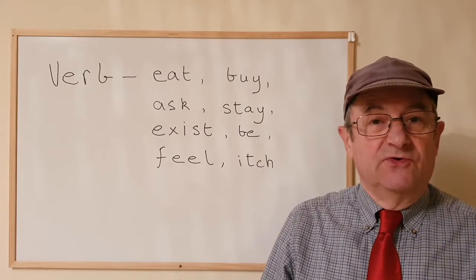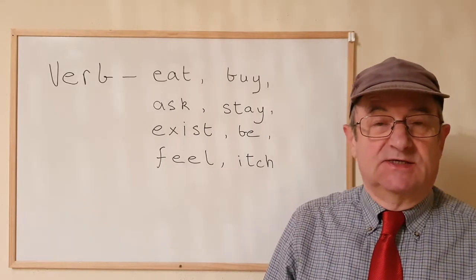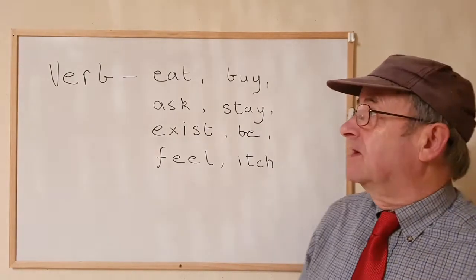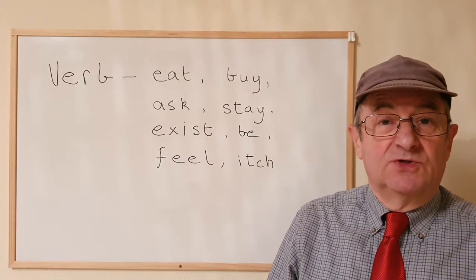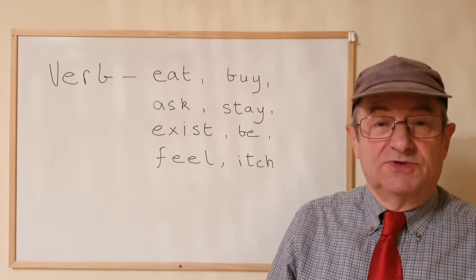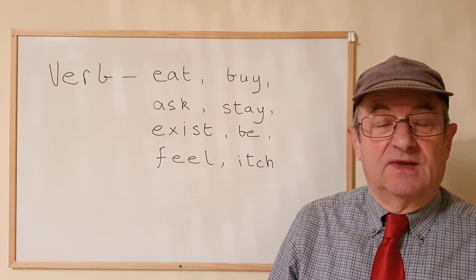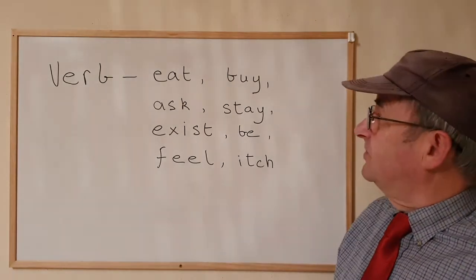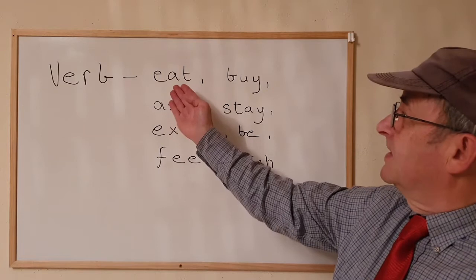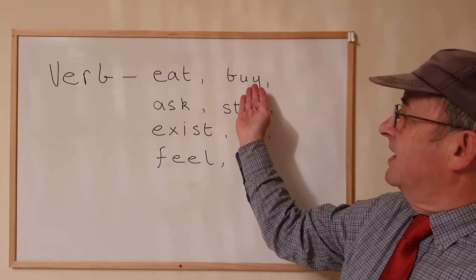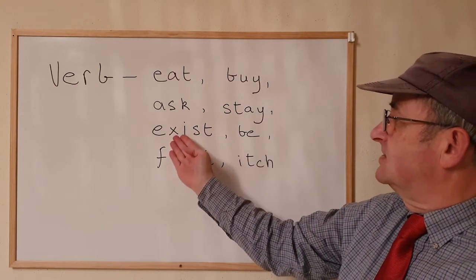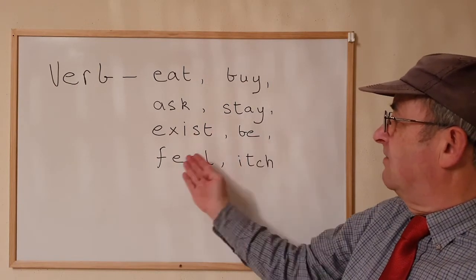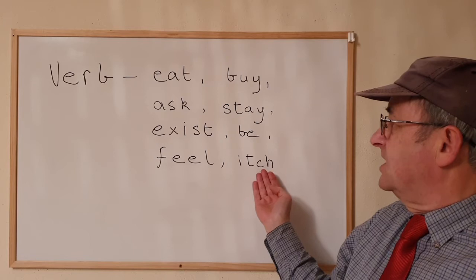The second group in the major word classes is the verb. A verb can refer to an action, to a condition, or to an experience. These are examples of verbs: eat, buy, ask, stay, exist, be, feel, itch.